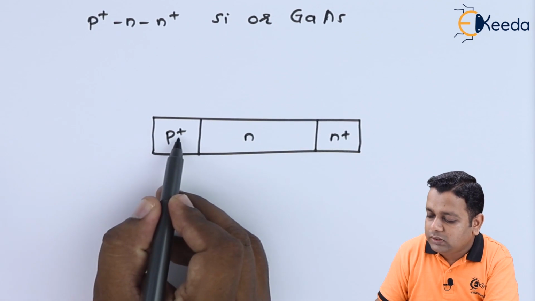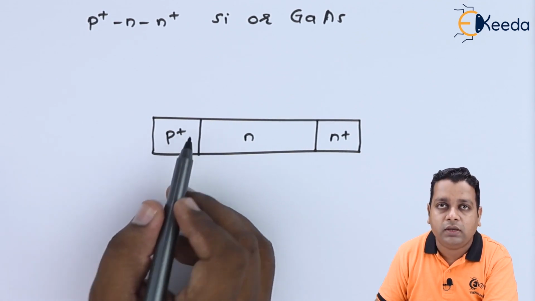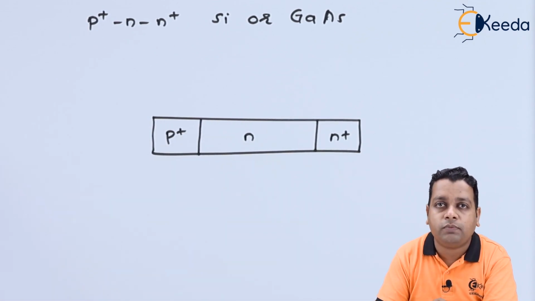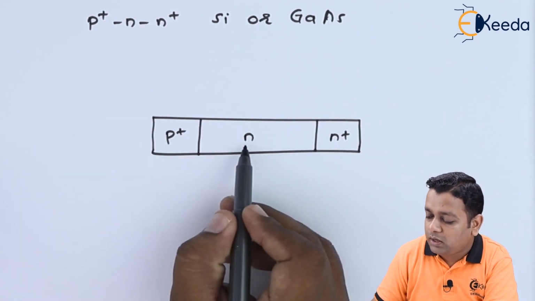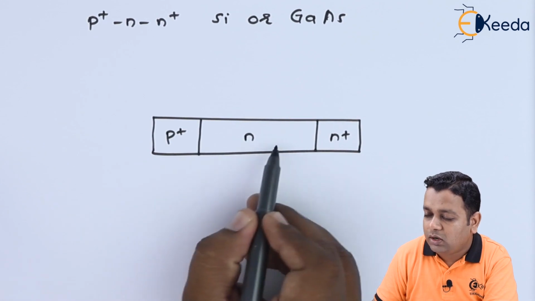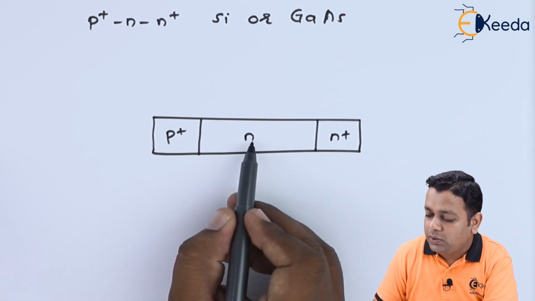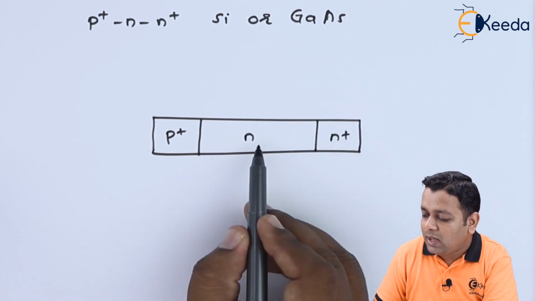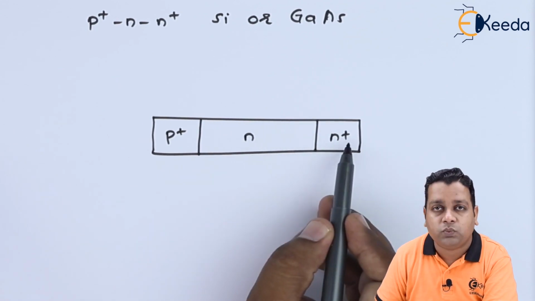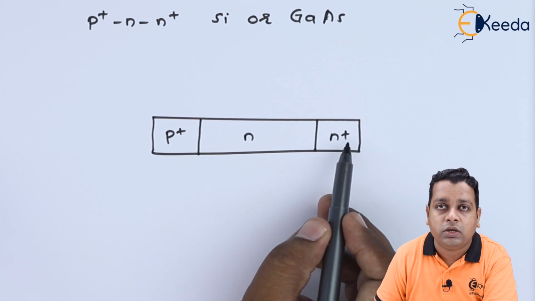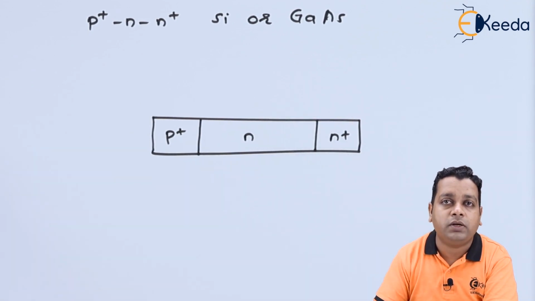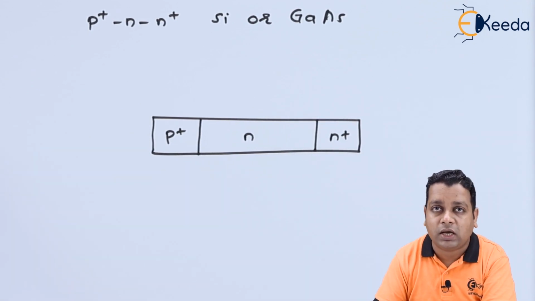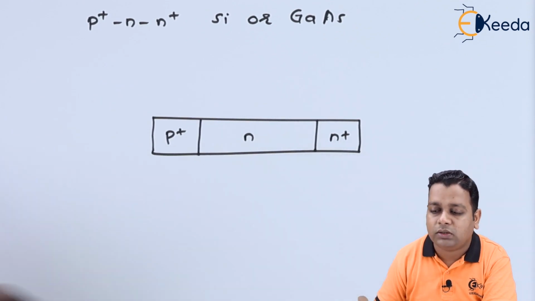So here the P type is heavily doped, so it has the majority of carriers, the holes, in greater number, whereas for the N type we have a generalized doping profile, so it has free electrons as the majority carriers. As compared to this N type, the N positive has more doping, so a heavy amount of free electrons, being the majority charge carriers, is present in the third domain.